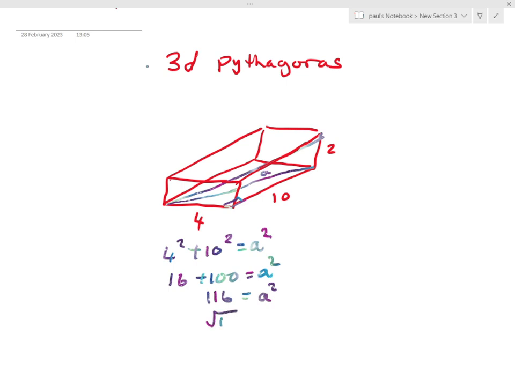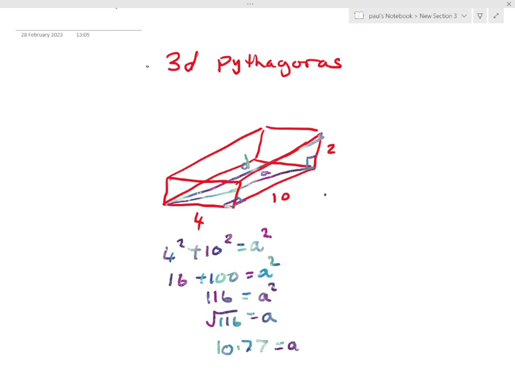And so the square root of 116 equals A, which is, let's get the calculator out, 10.77. Now, to find the D, the diagonal that goes from the bottom left to the top right, we've now got a right angled triangle like this.